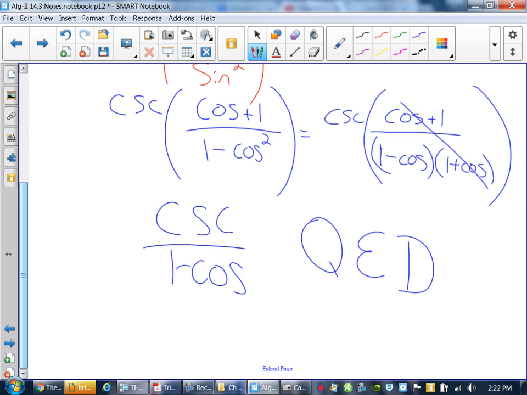Can I start writing that on my test? It's Latin, I know that. It means that which was to be demonstrated. Quod erat demonstrandum.